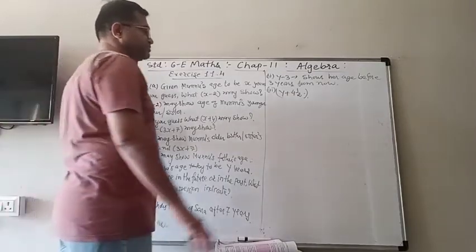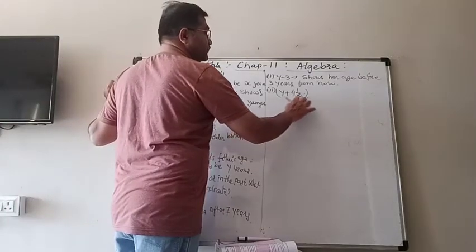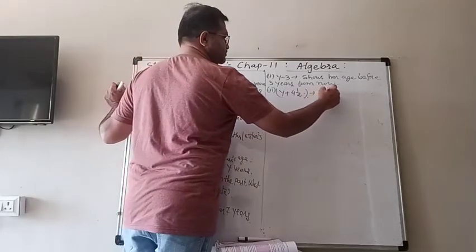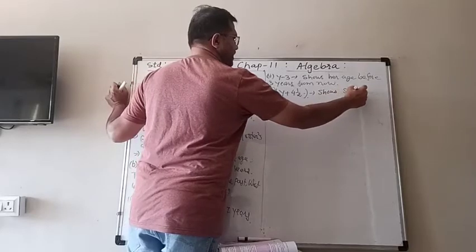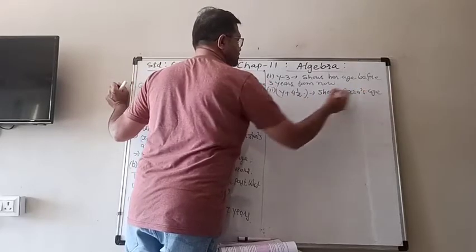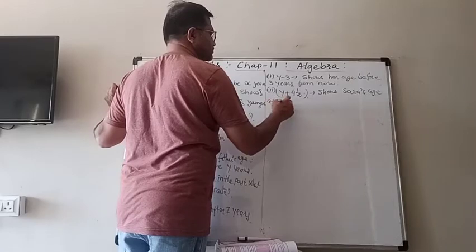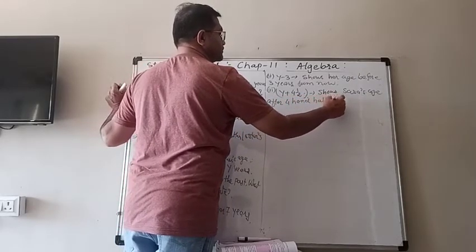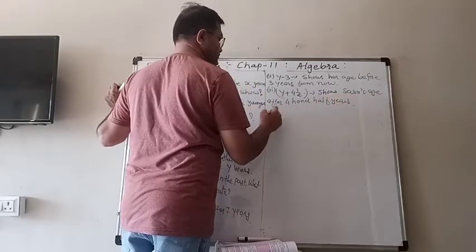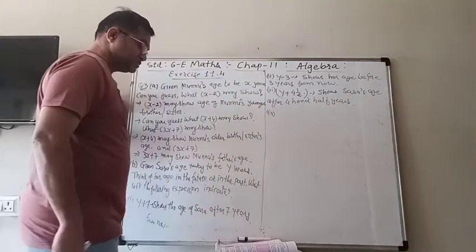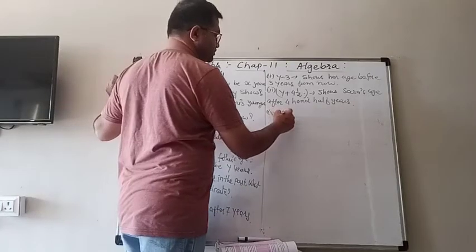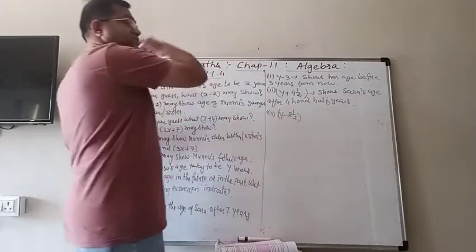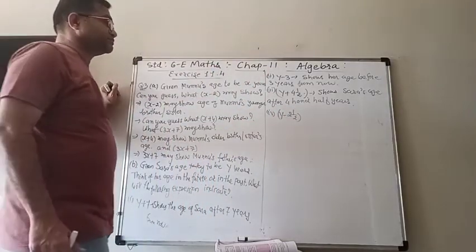It means after 4.5 years, so it shows Sarah's age after 4.5 years. And the fourth situation is y minus 2.5, which is in the past, before 2.5 years.